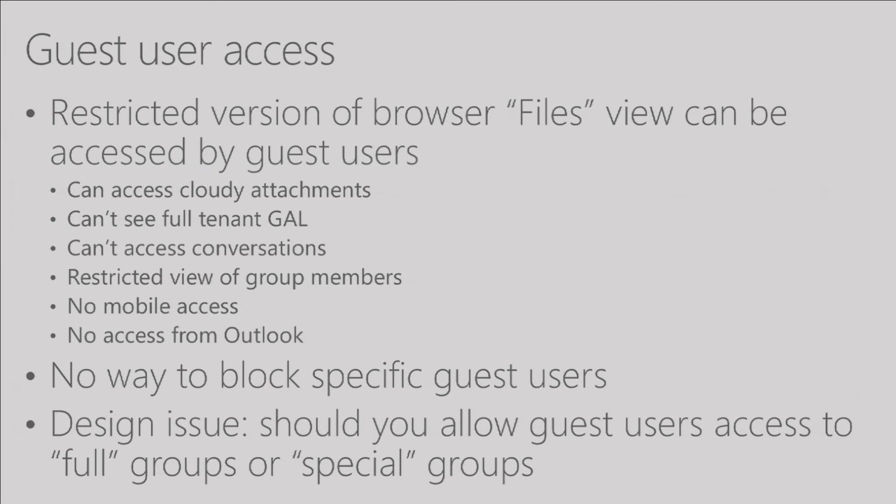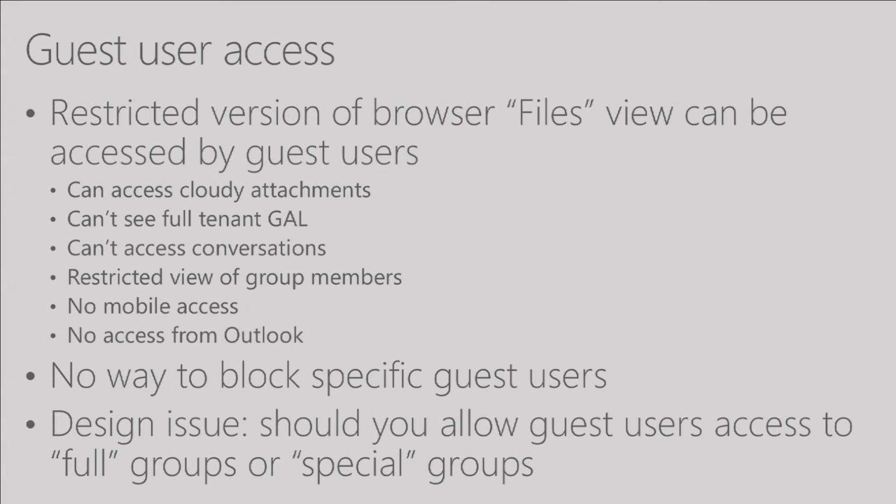Okay, and there is a particular design access issue I'll plant in your brains. Some people believe that it is much better to only allow external access to specific groups that are designated for that purpose. And the reason is that they don't like the way that an external member has exactly the same document access rights as any other member of the group.